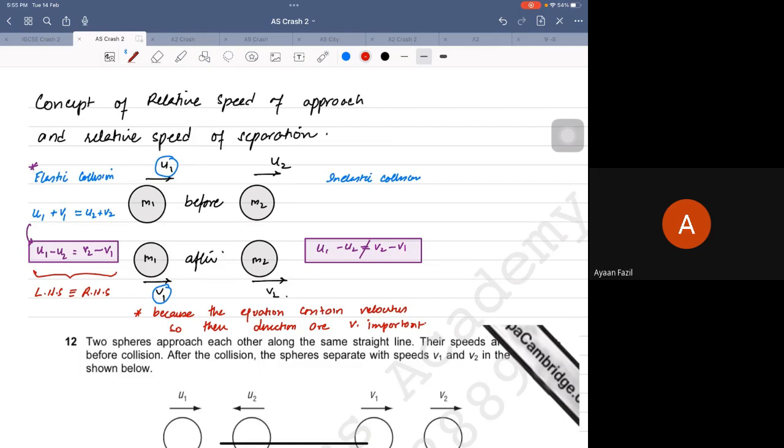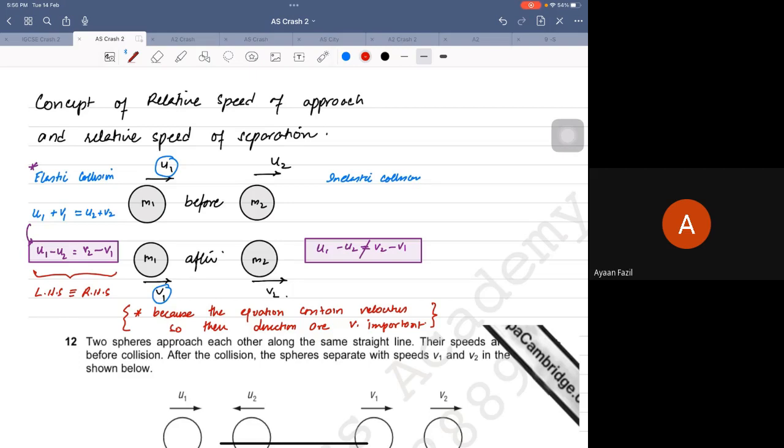If they are not equal, then you call it inelastic. All you need to do is be aware that these are velocities, so they are direction specific. So you need to put negative and positive signs according to their directions. Do you understand this? I'm going to apply this and you'll see.